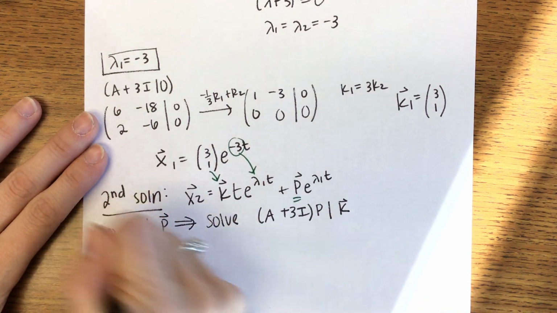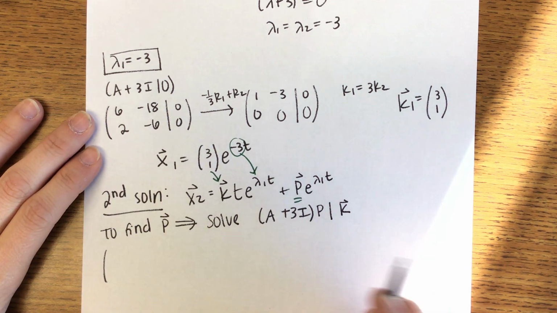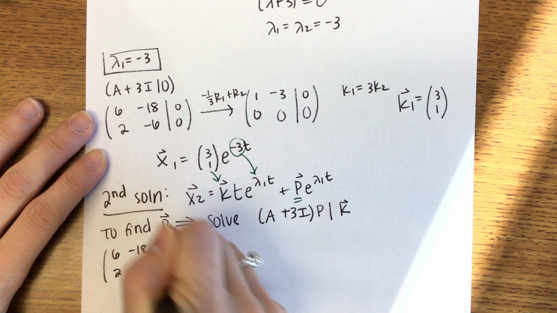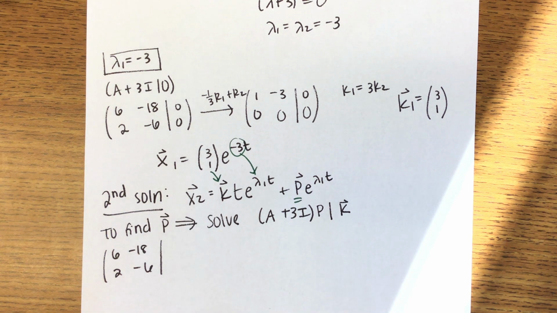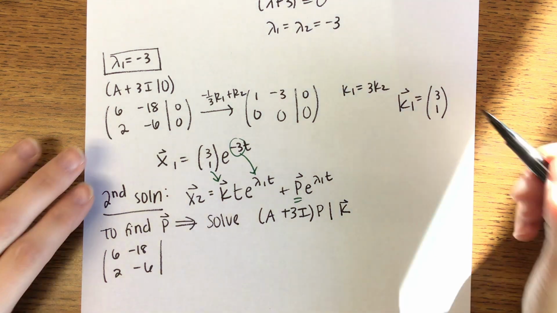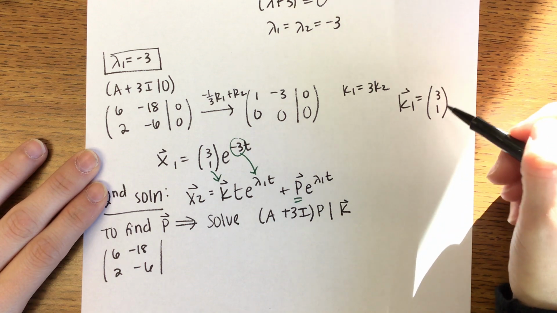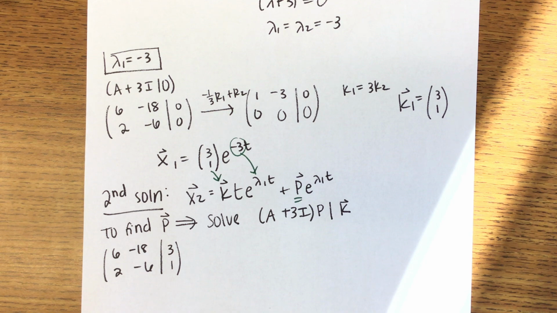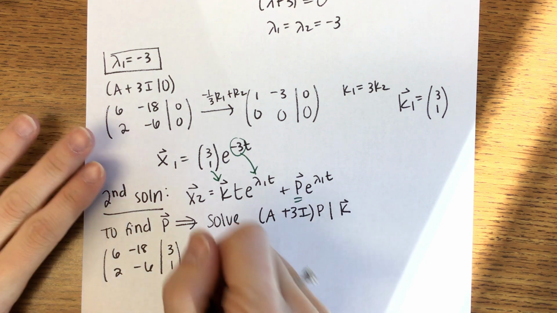Okay, so take this same matrix up here, this 6, negative 18, 2, negative 6. This time we augment with K. This is K, that 3, 1.